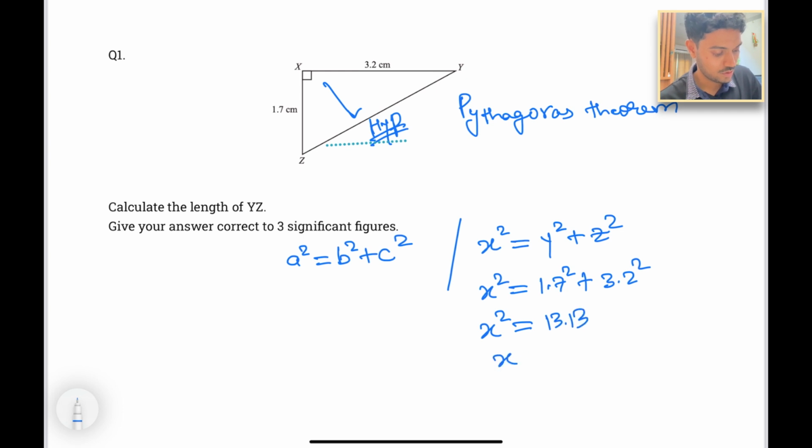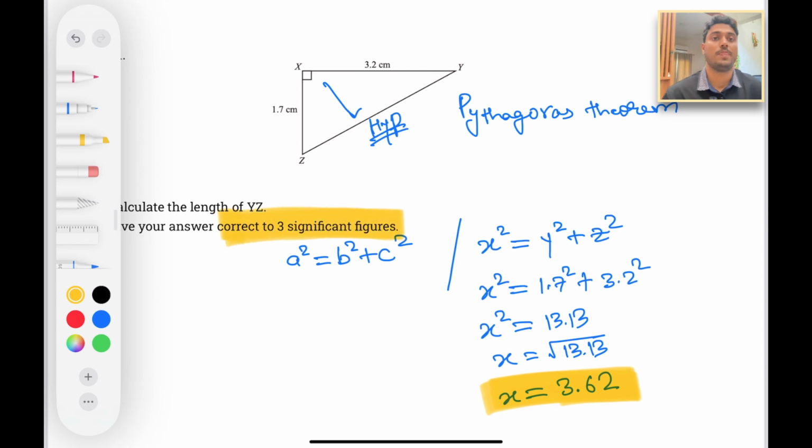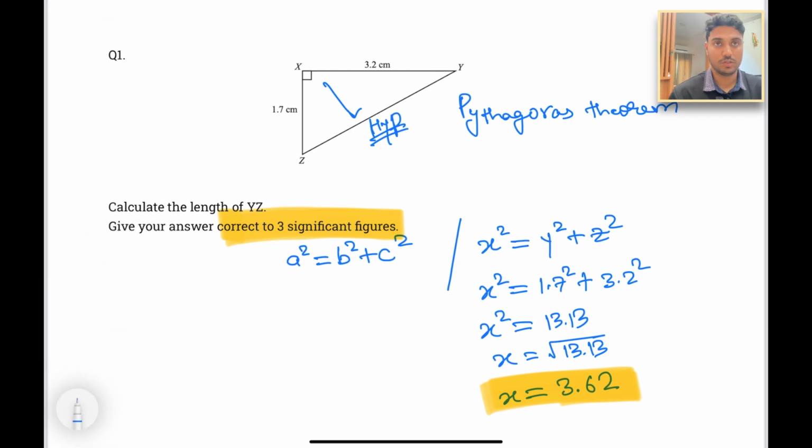Then x is equals to under root of 13.13, which is 3.62, correct up to 3 significant figures. As mentioned in the question, we have to write the answer correct up to 3 significant figures. So this is the answer. Let's move on to the next question.